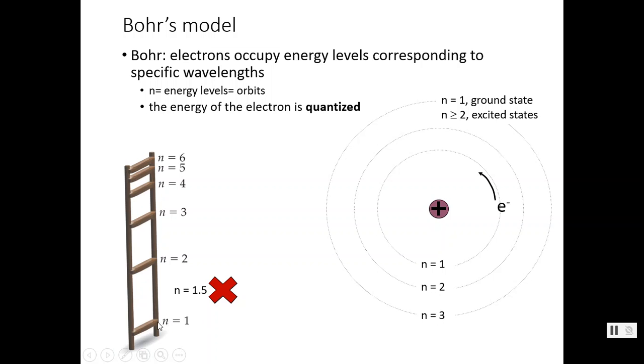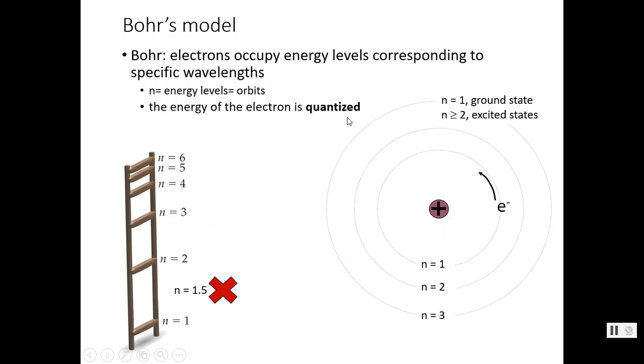What that means is that if I had an electron at the n equals 1 orbit, the energy it takes to go to n equals 2 is different than the energy that it takes to go from n equals 5 to n equals 6. Okay? So, energy of orbits is quantized.